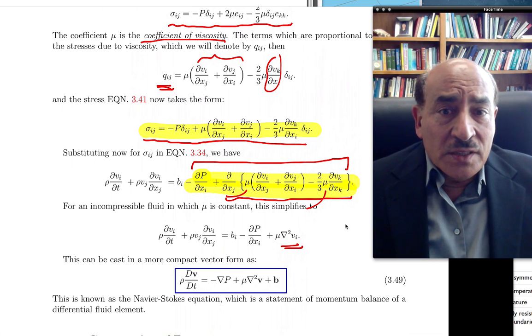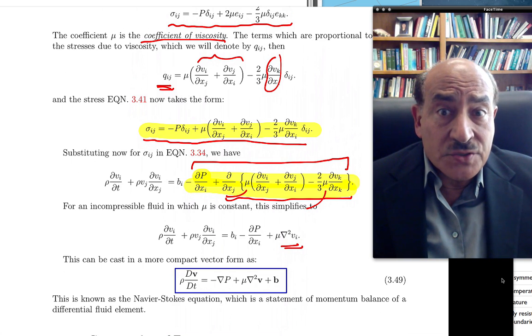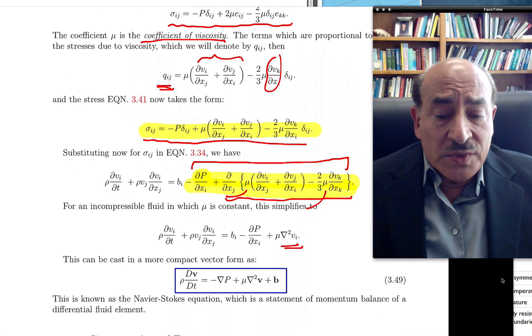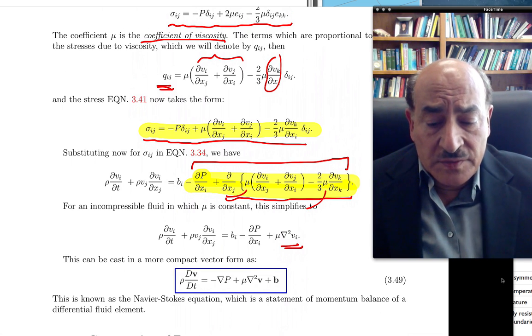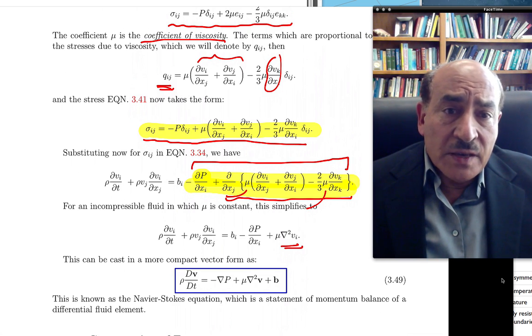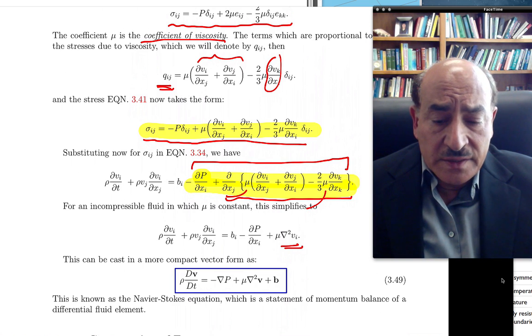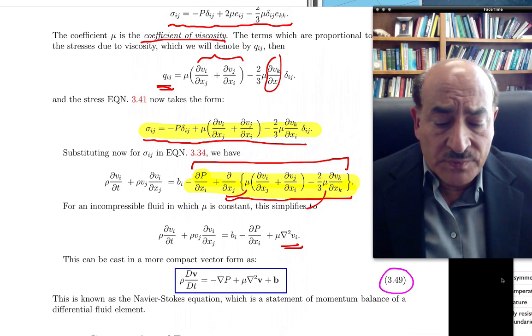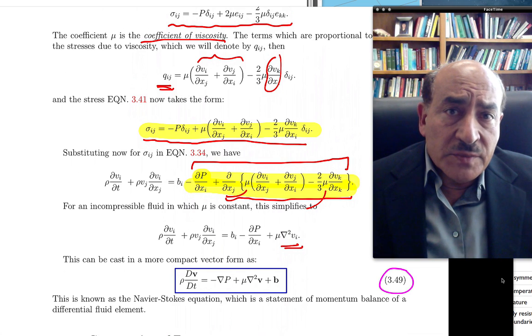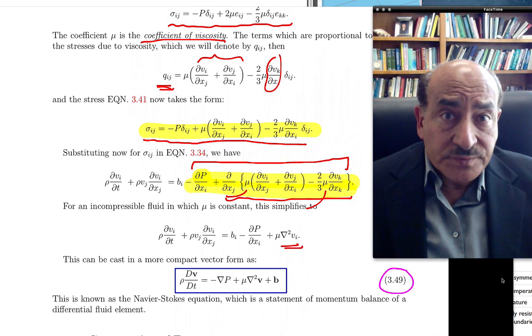As you recall, in looking at the Navier-Stokes equation, we developed equation 349 down here, in which we have rho times the material derivative of the velocity vector equal to the sum of three forces.